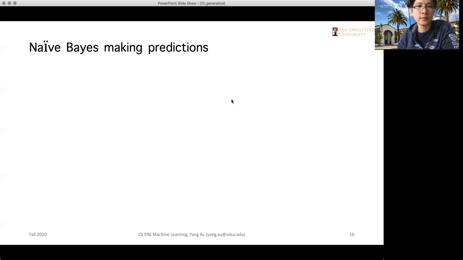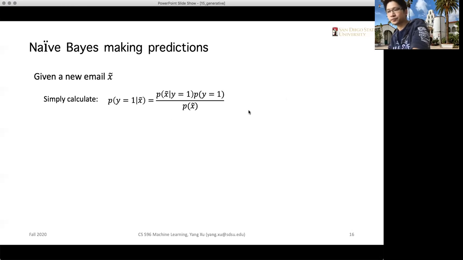Given the model, the two likelihood parameters and the prior probability, we can easily make predictions for a new email.